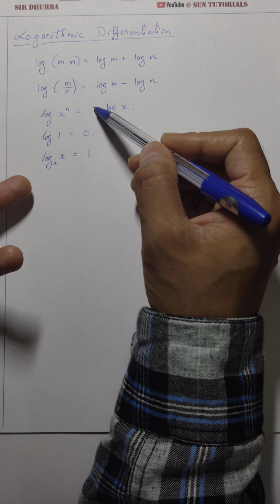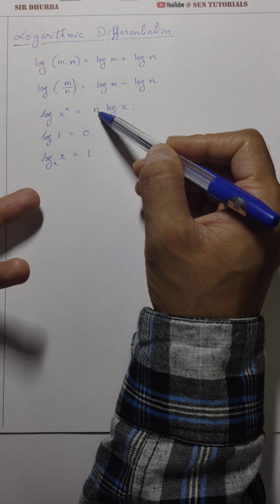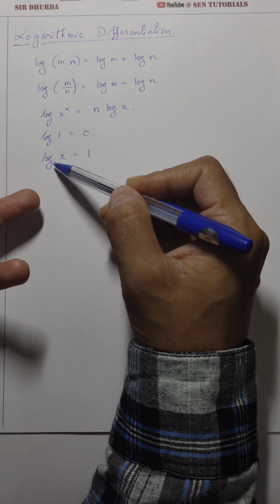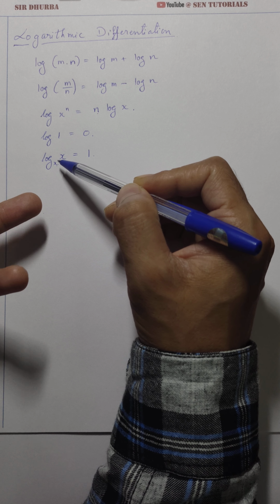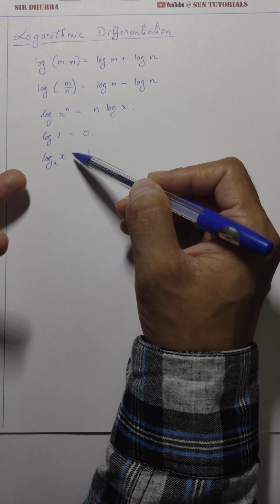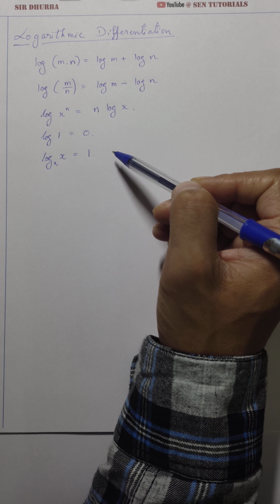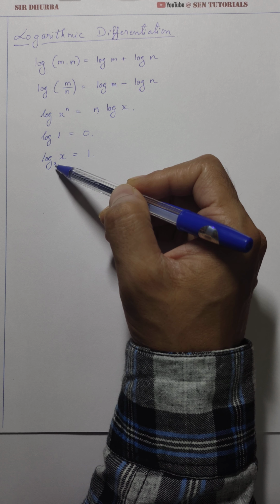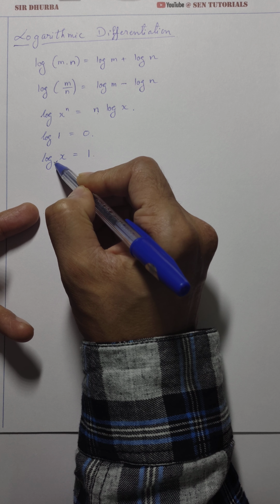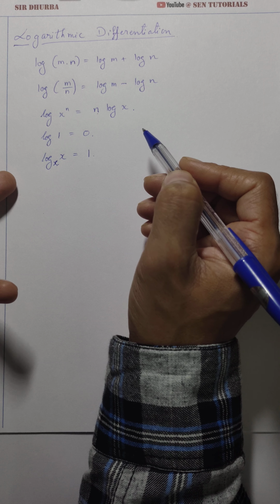Log of x to the power n: the exponent can be brought forward, n into log of x. Log 1 is 0. Log of x to the base x, if the base and the term are the same, then the value of the log is 1. So all that has been discussed in the previous video.